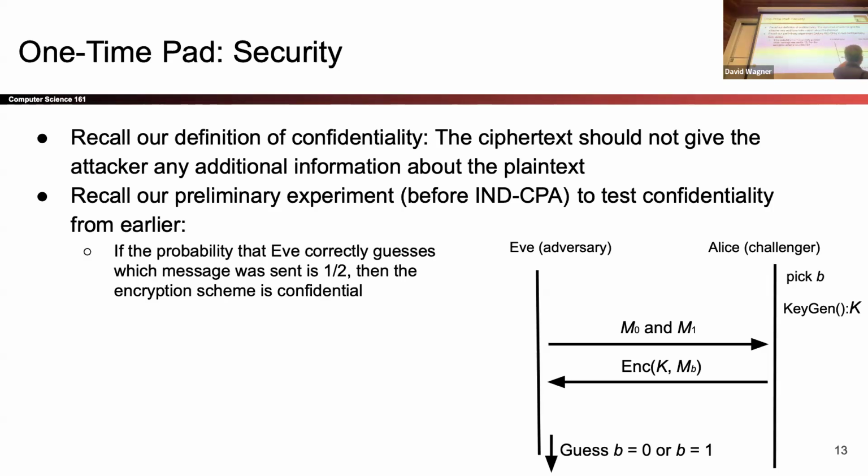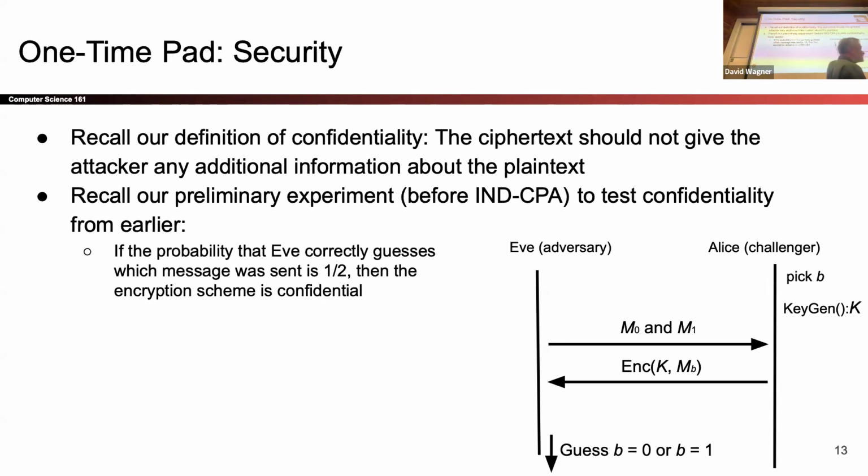And if I had the ciphertext C and I wanted to decrypt to M1, there's one key that will do that. M1 XOR C. So if I have a ciphertext C, there's one key that goes back to M0 and one key that goes back to M1. And both of those keys are equally likely to have happened.